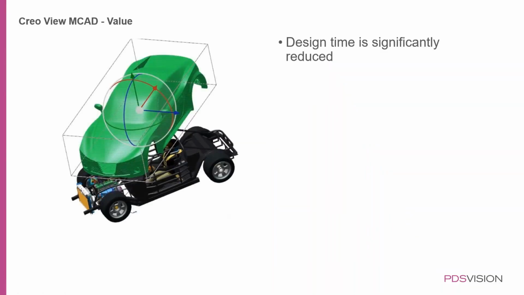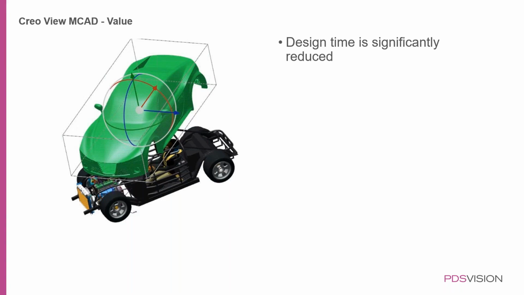And one of the values of Creo MCAD is providing better and faster decision making through visual product collaboration on common 3D formats across the enterprise, regardless of the authoring environment.